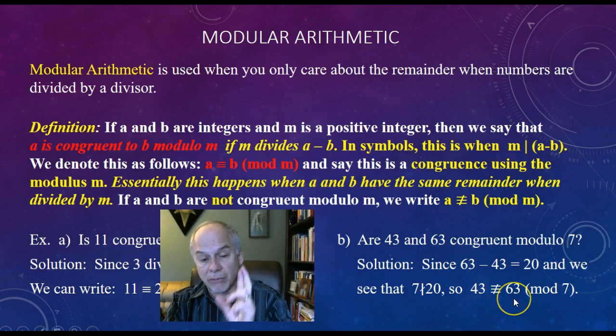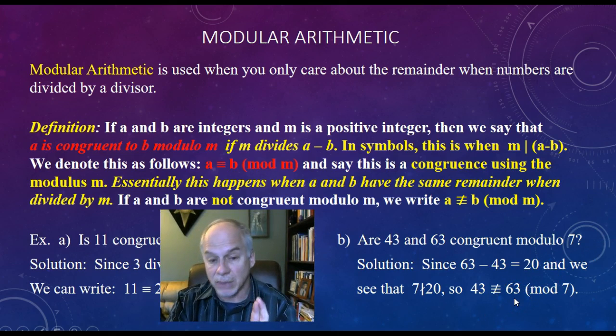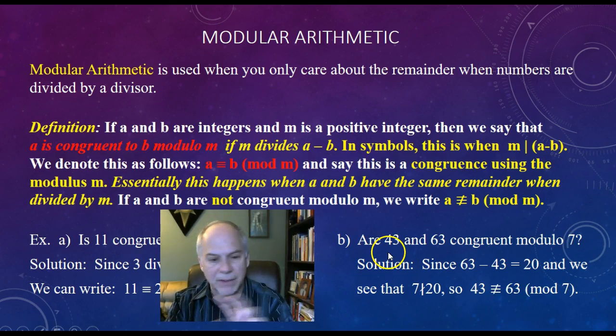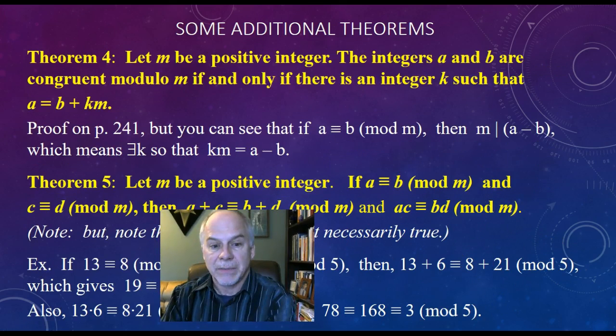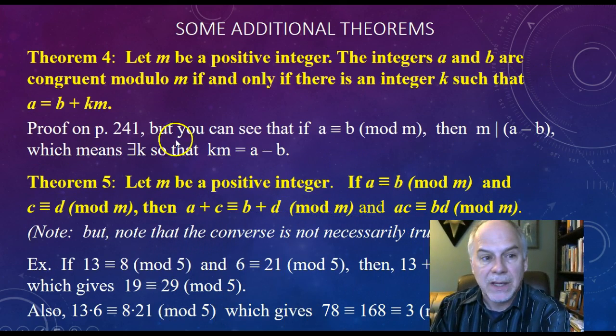Okay. Now, what's the remainder when you divide 63 by 7? It's 0, because 63 is a multiple of 7, right? 7 times 9. So they don't have the same remainder when you divide by 7, so they are not congruent mod 7.